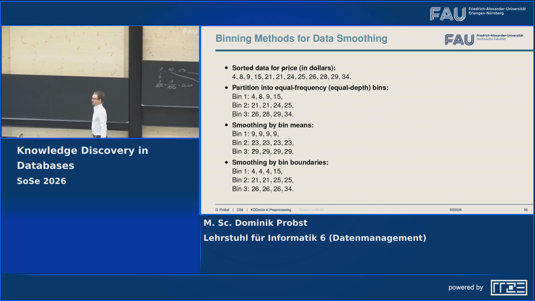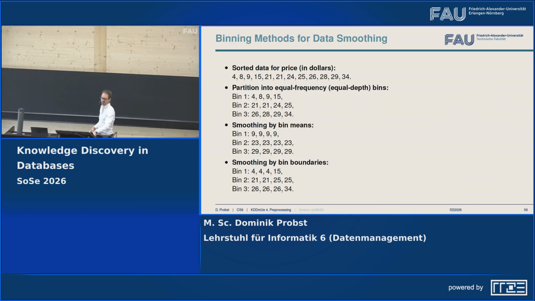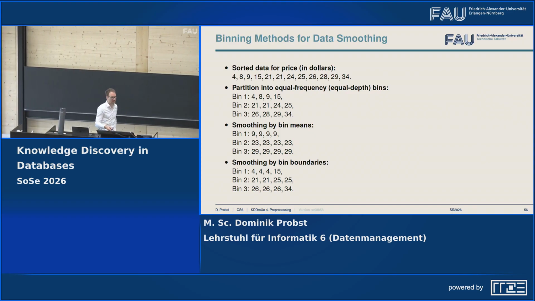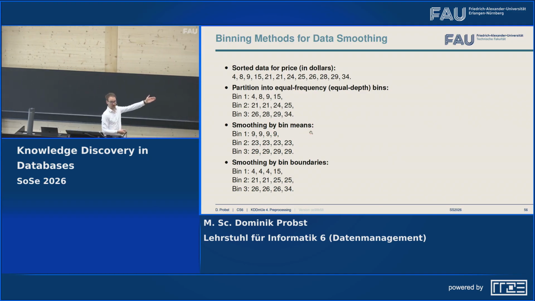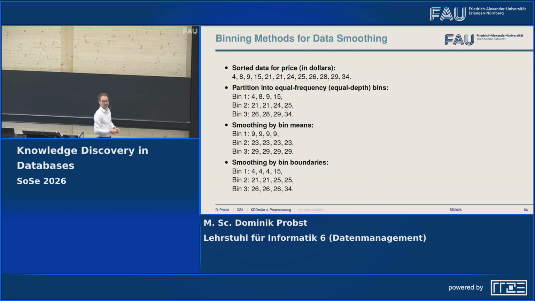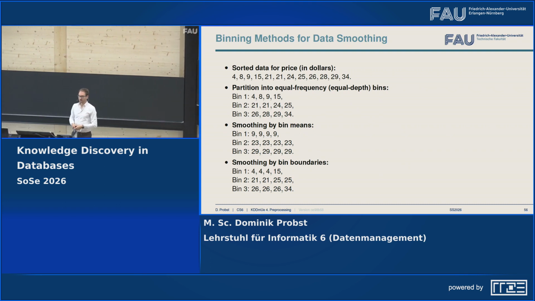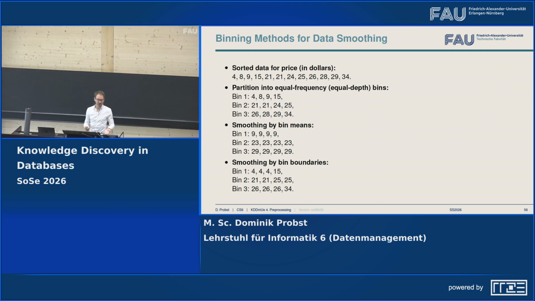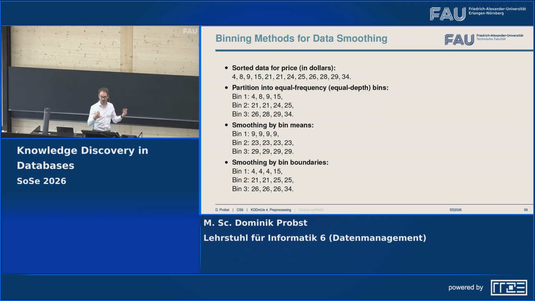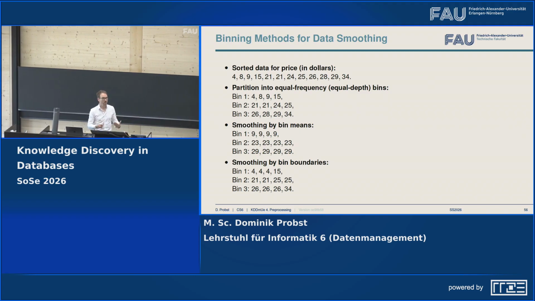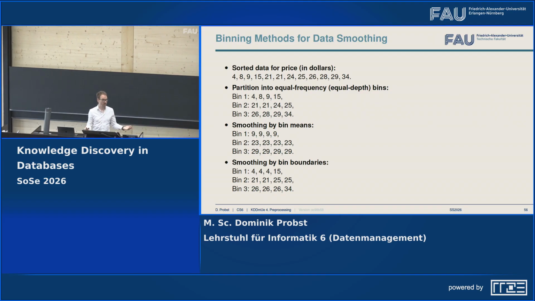And that's most often done by bin means. So we calculate the bin mean, just as we have done on the right here. And we simply put every value, regardless of the original value, onto this bin mean value.